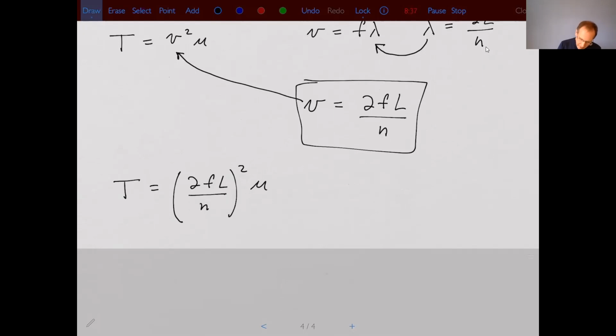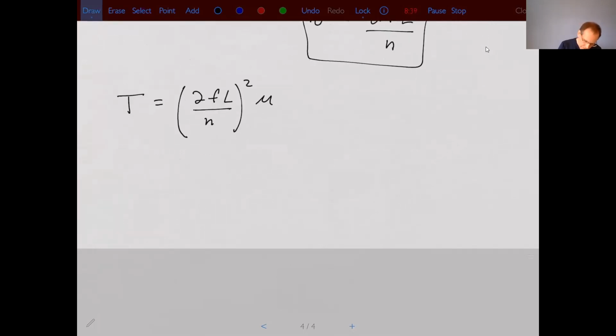If I expand that out, it's going to be 4 mu F squared L squared over N squared. You can think of this as the theoretical tension. So later when I ask for T theory, that's the formula you're going to use: 4 mu F squared L squared over N squared.